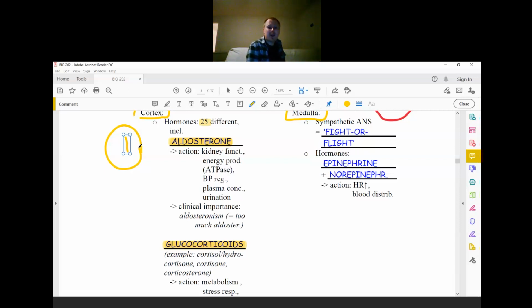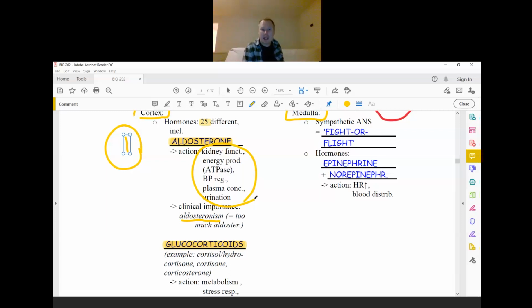The reason why we need to know that there is a hormone known as aldosterone is that there is a condition called aldosteronism. That's when there's too much aldosterone being produced. And all of these processes that we saw here would be to a power of 10. They would be amplified, faster or more efficient than they should be.